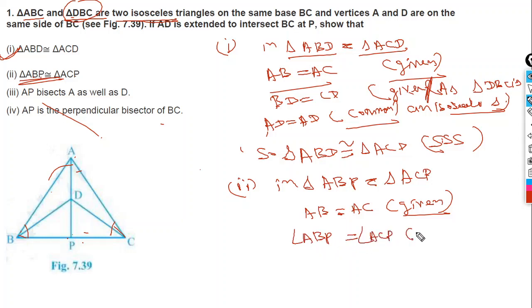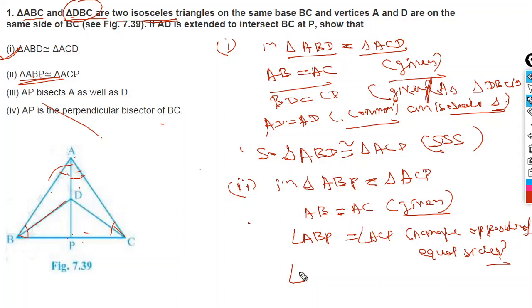What is the reason? Angle opposite of equal sides. Now another angle we have equal: angle BAD and angle CAD. Why? CPCT.